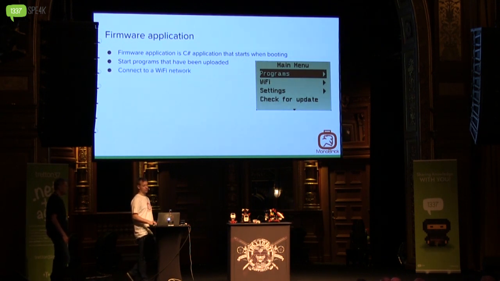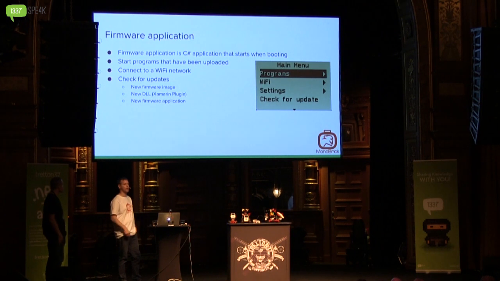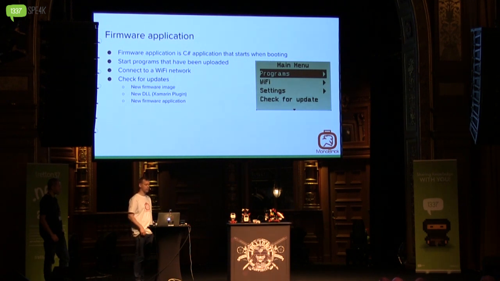You can connect to a Wi-Fi network. You can check for updates. And this includes checking if we have uploaded a new image to our website, and also checking if there's a new firmware application. And if that is the case, then you can actually download that application to the brick, and then the next time you boot, it will just start with the new application.